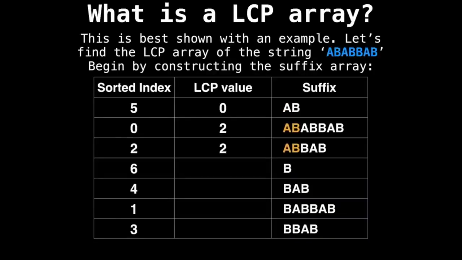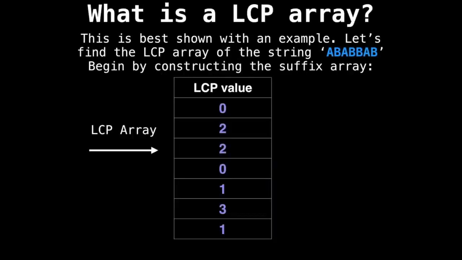And the next two don't have anything in common, so we place a 0. And the next two only have 1 character in common, then 3 characters in common, and lastly, only 1 character in common. So the result is the following LCP array, highlighted in purple.